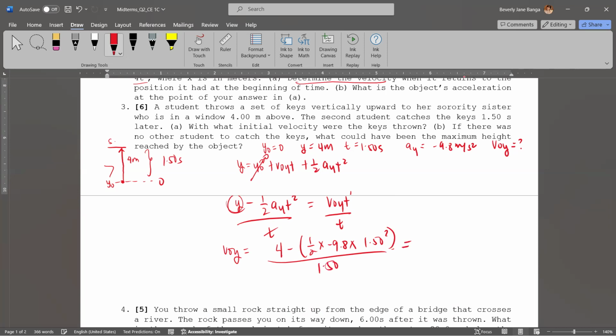So this will just give us VOY is equal to 10.02 meter per second positive direction, or this is 1.00 times 10 raised to 1 meter per second positive direction.